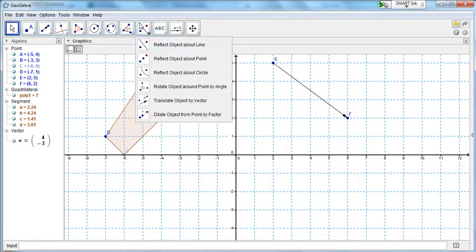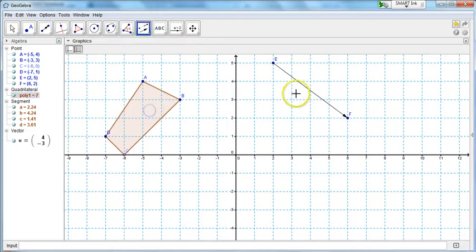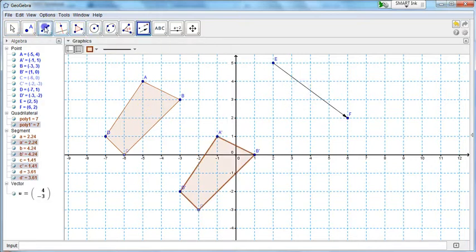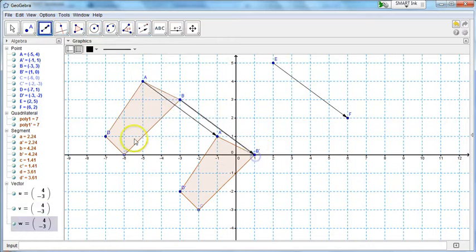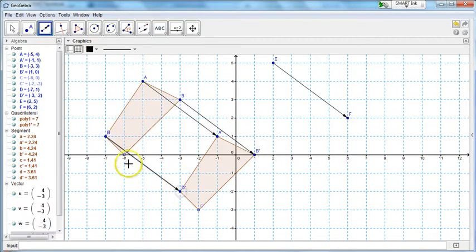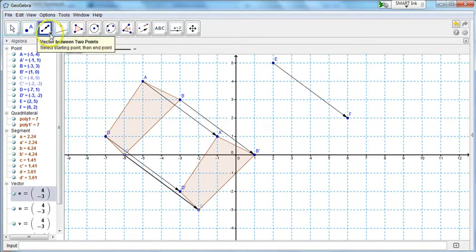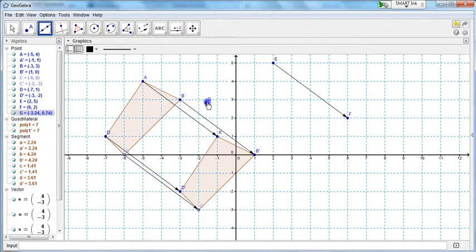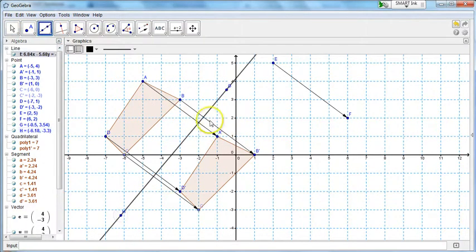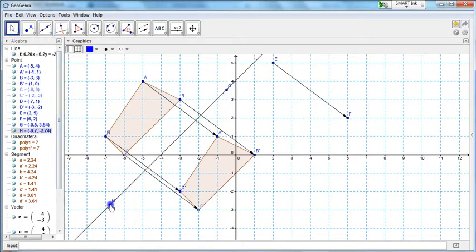When I translate this object by this vector, and then I show all the vectors, like A moved to A prime, B moved to B prime, D moved to D prime, C moved to C prime, your vectors, whenever we translate, will always, always, always be parallel because they have the same movement. But when we check it too with the transversal, and I measure all these angles, I hope you can imagine and see that the angle pairs are going to be the same.